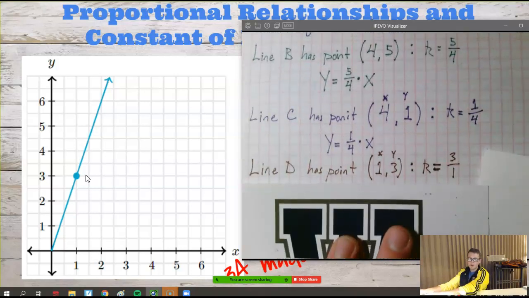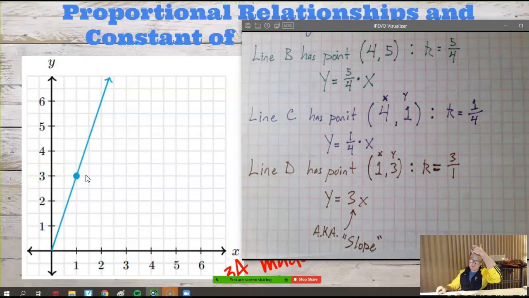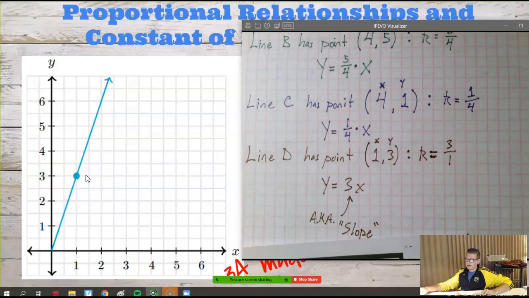Meaning our equation, we don't have to put the 3/1, we can just put 3. And now I would like you in your notes to write down the word slope, please. The constant of proportionality is also known as our slope, meaning how steep our line is.